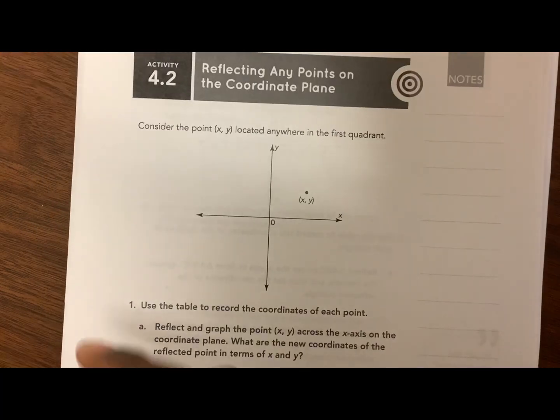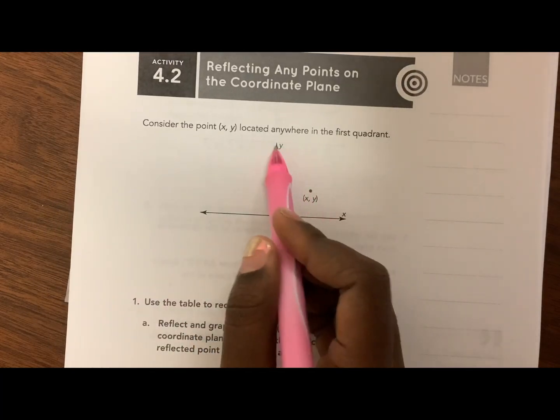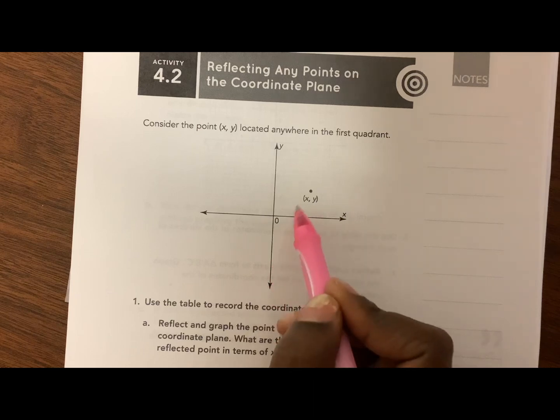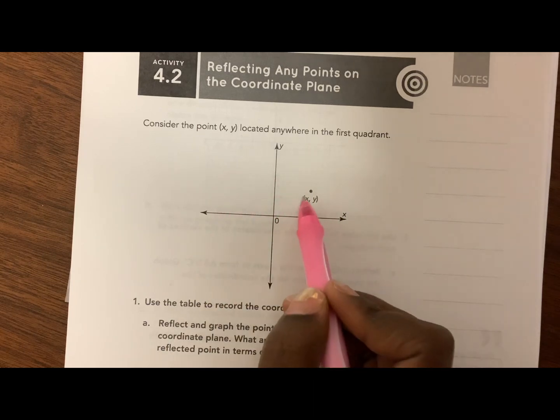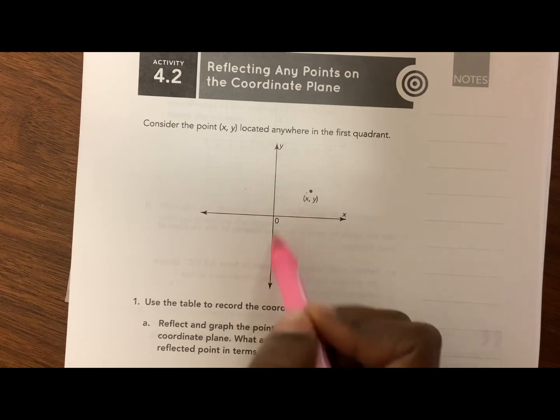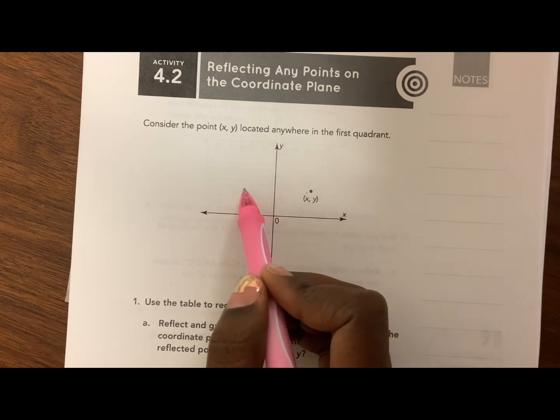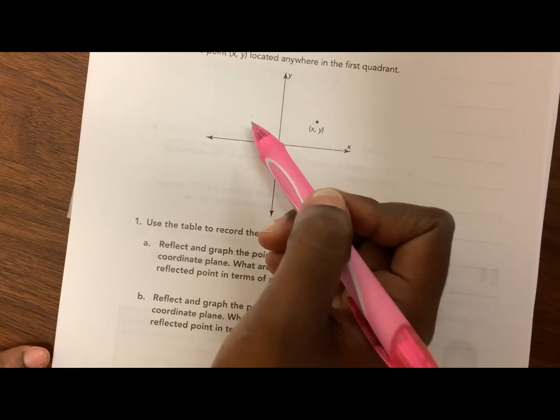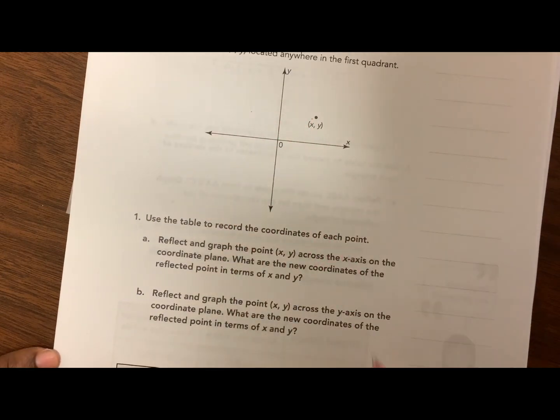And then here we have our same coordinate x, y. Here's our y-axis. We're going to reflect it over this axis. Again, when we reflect it, it's not moving along the y-axis, so your y should stay the same, but your x is now changing. It's changing over to quadrant 2, which means your x is now going to be negative, and your y will stay the same. Okay?